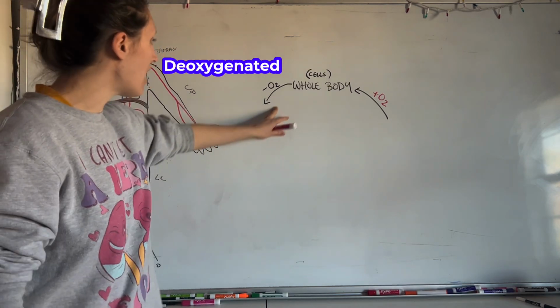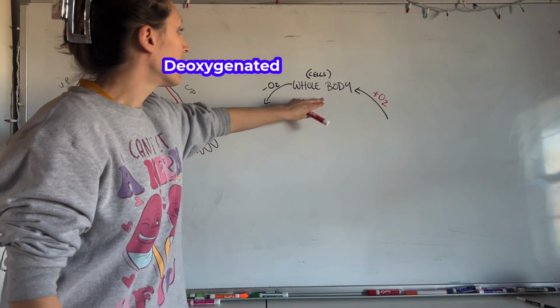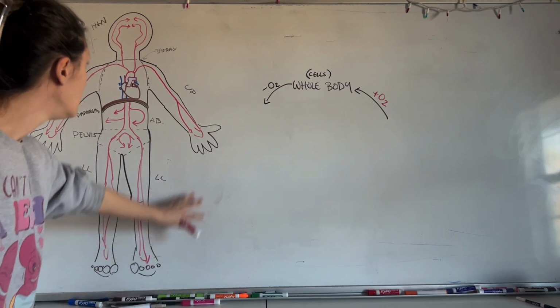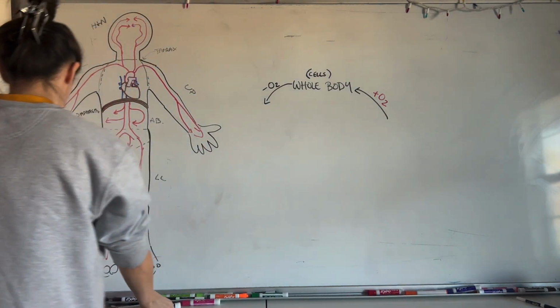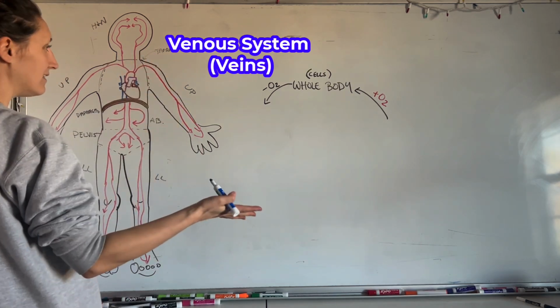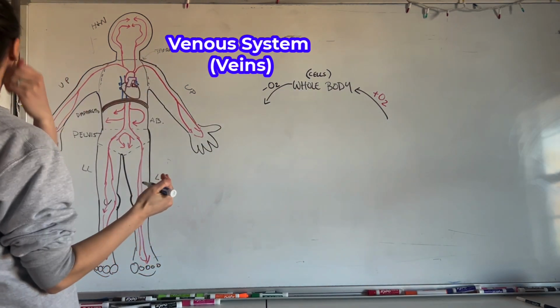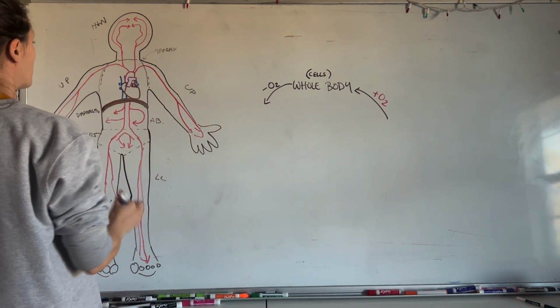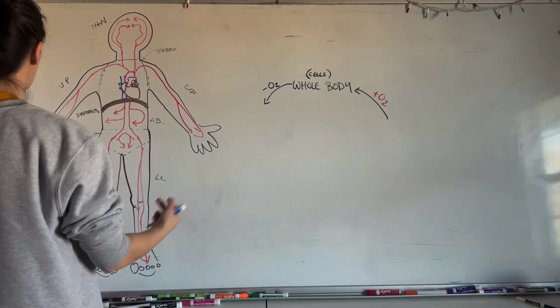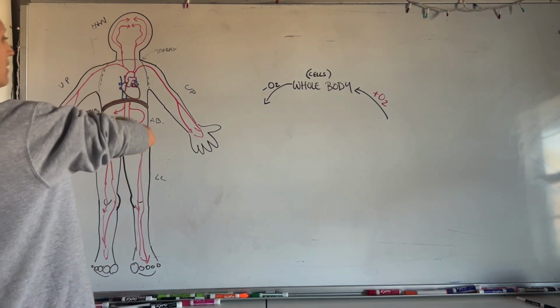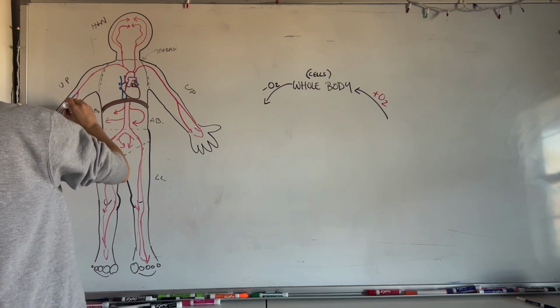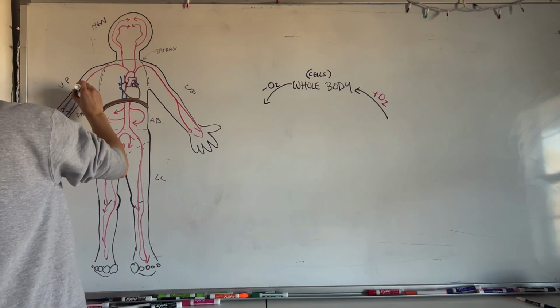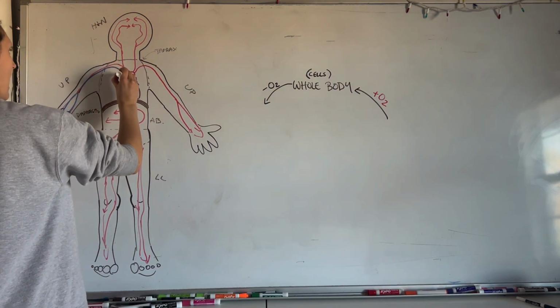So this is deoxygenated blood leaving these different parts of our body through what system? Through the venous system. So the veins of our body bring blood that we sent out to our extremities, our head, our neck, our pelvis, our abdomen, and they bring blood back. So veins are going to be mimicking these things, but bringing blood back.